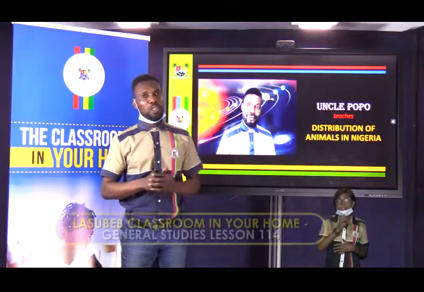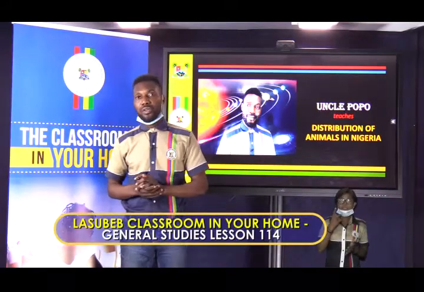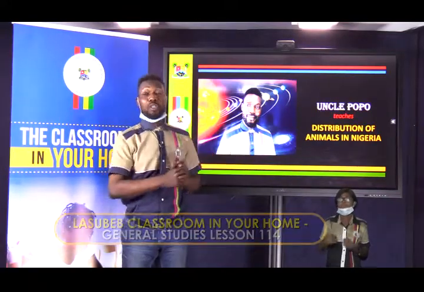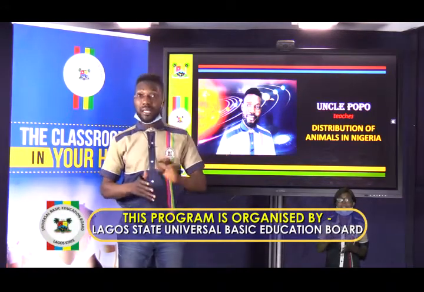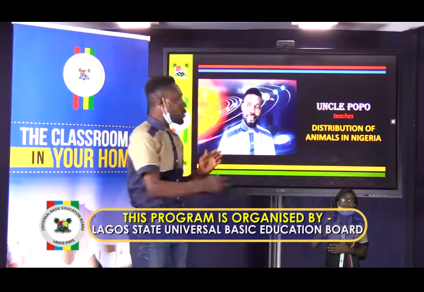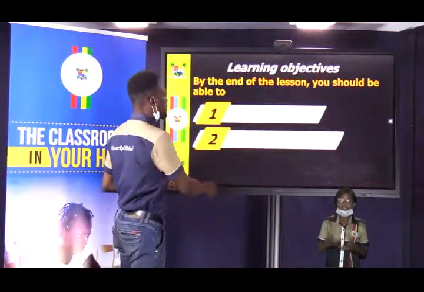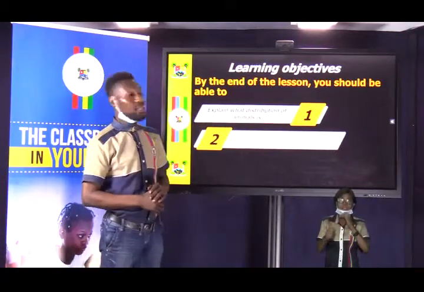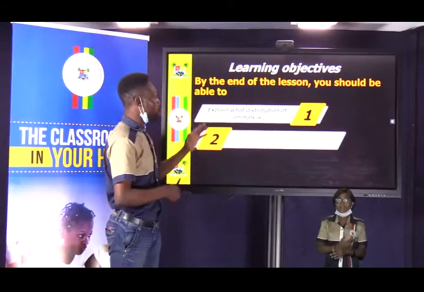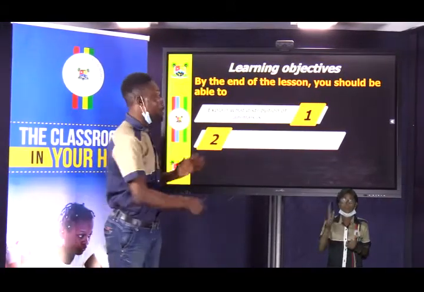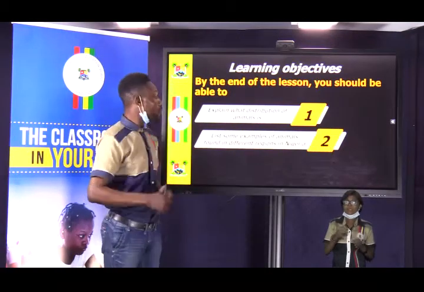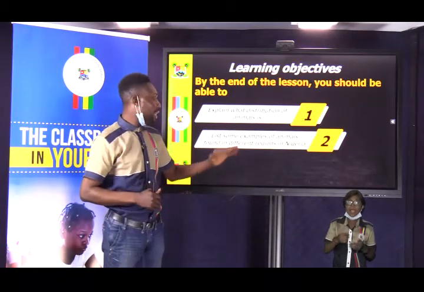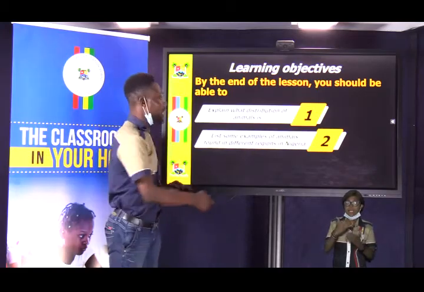That's distribution of animals in Nigeria. Like we have distribution of crops in Nigeria, we also have distribution of animals in Nigeria. So let's look at the learning objectives. By the end of the lesson, you should be able to explain what distribution of animals is, and you should be able to list some examples of animals found in different regions in Nigeria.